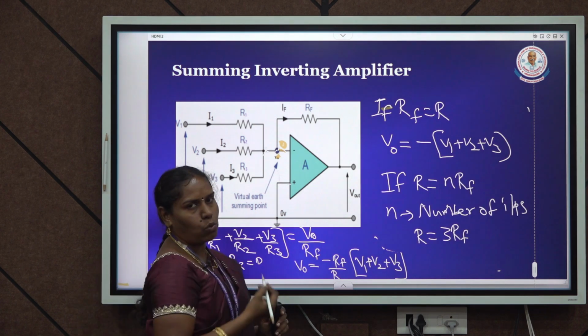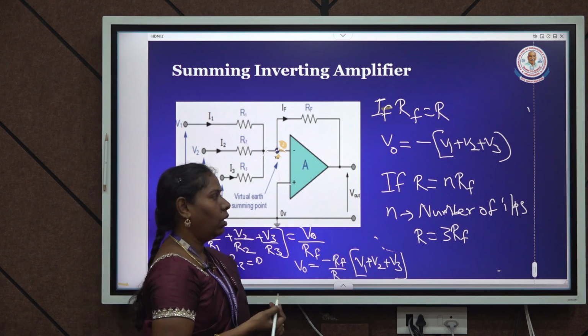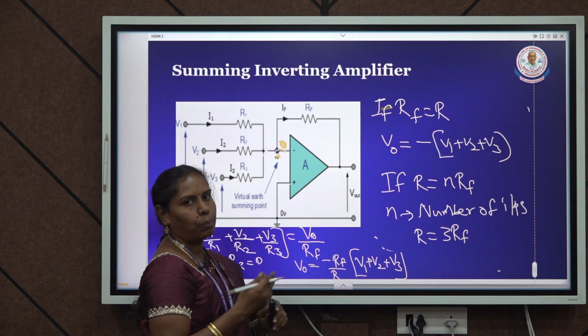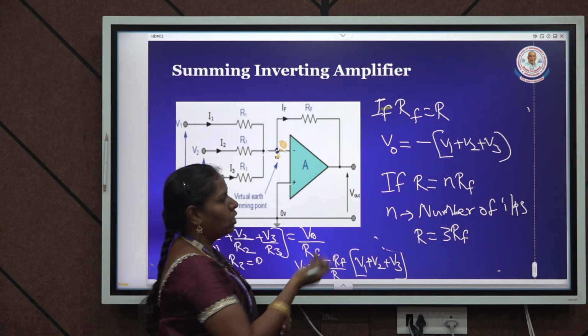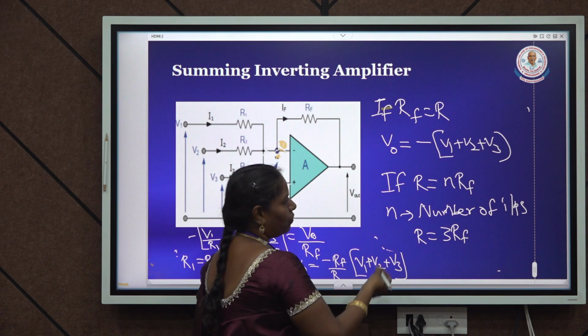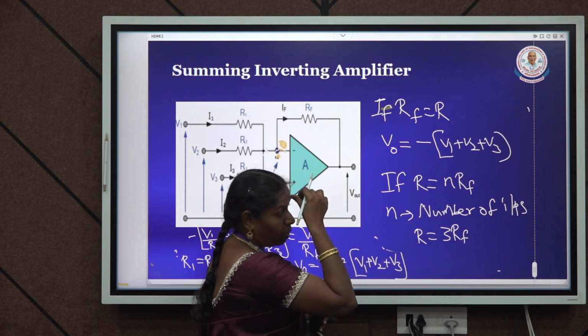If suppose I want to design an averager unit, then I have to choose the appropriate value of feedback resistance. So, R is equal to N times RF, where N is the number of inputs.